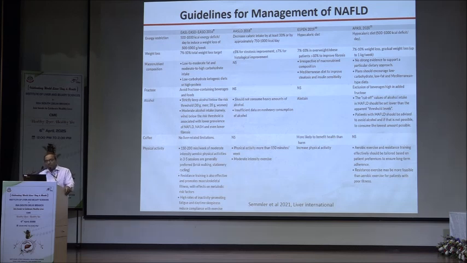As far as sugars are concerned, one thing is included in all guidelines, that we should avoid fructose. I'll come to that also in my talk subsequently. And an important point is that coffee is found to be protective, and physical activity is very important. 150 to 200 minutes of physical activity, exercise every week, will lead to improvement in insulin sensitivity.